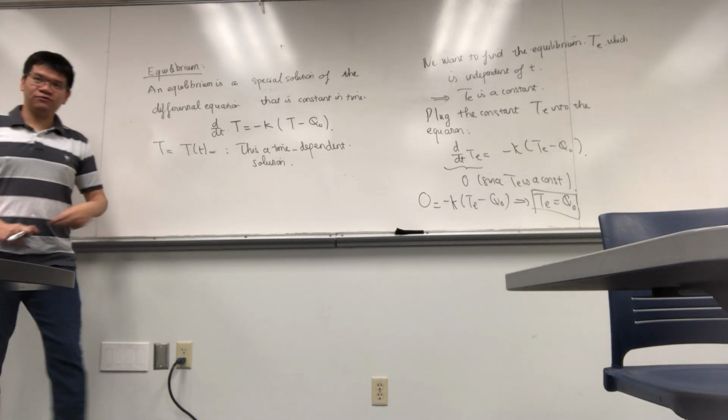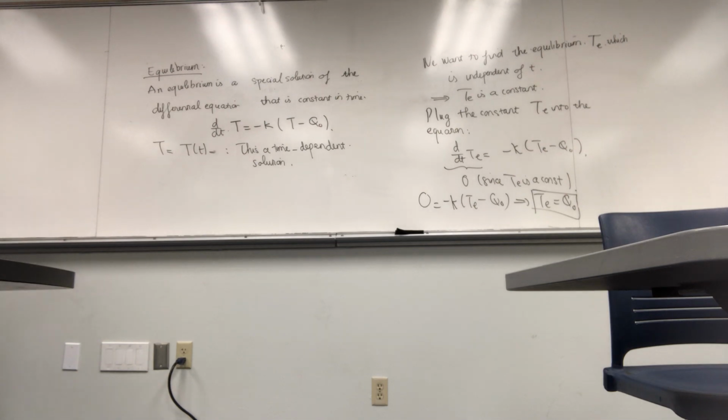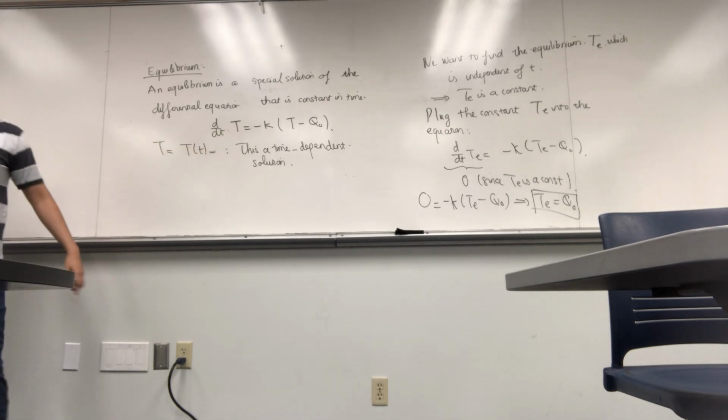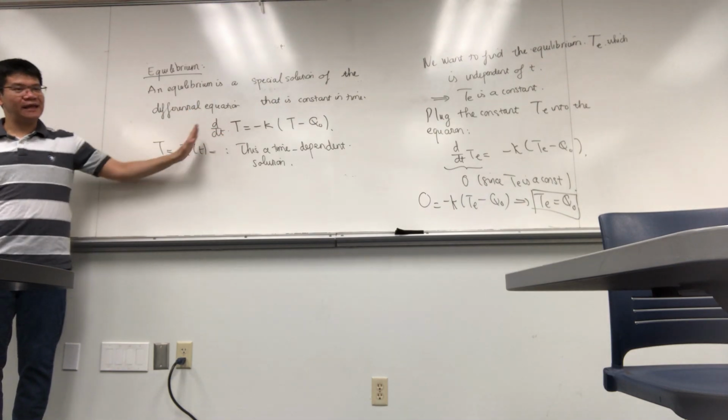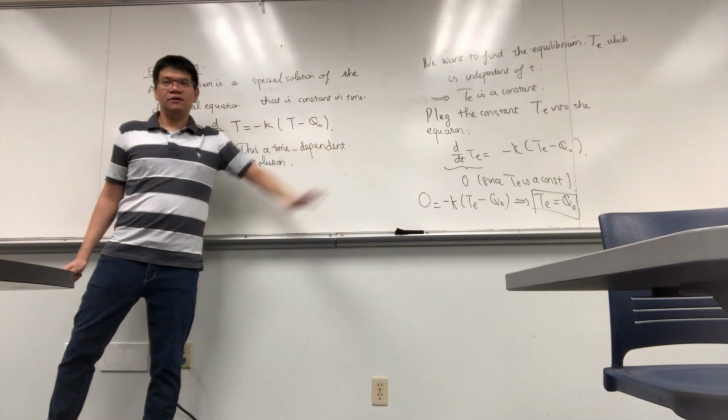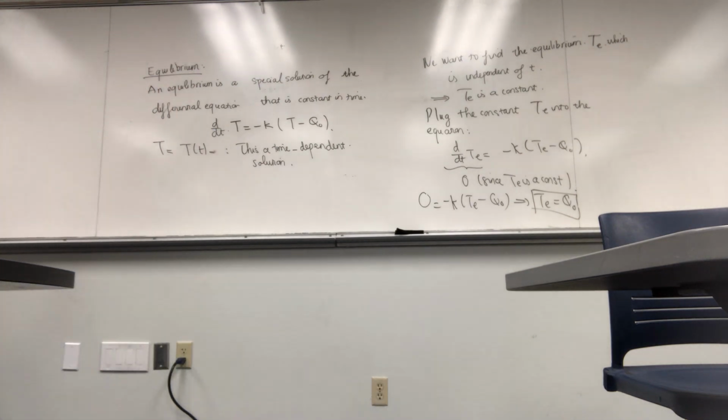So I explain again. From the first example, we try to solve a time-dependent equation, right? So we find the solution T such that T is a function of t and T satisfies this equation. Now we want to find a solution which is independent of time, and this solution is now called the equilibrium.